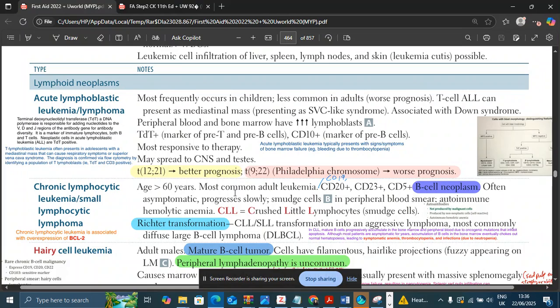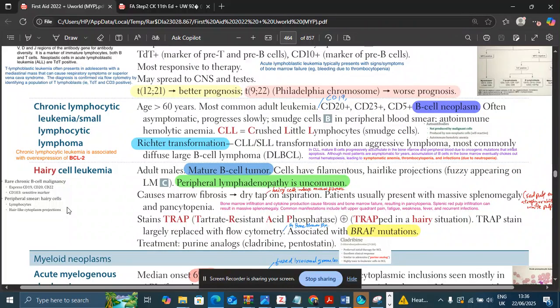Now let's talk about hairy cell leukemia. Hairy cell leukemia is a malignancy of well differentiated mature B cells. It is most commonly seen in an older population, around the age of 50 to 55, just like CLL.